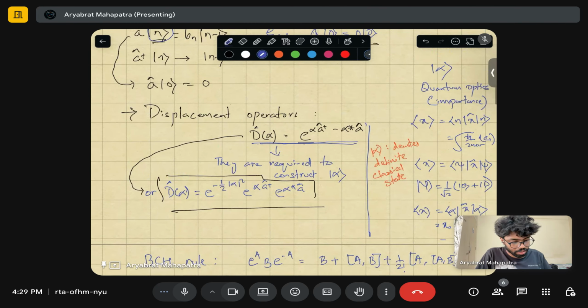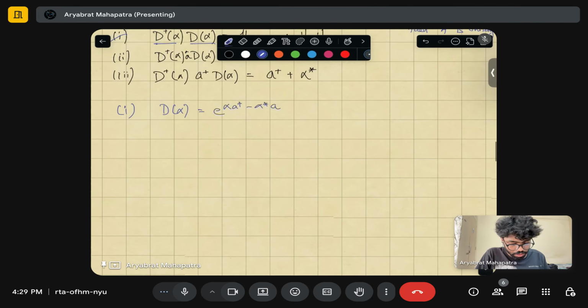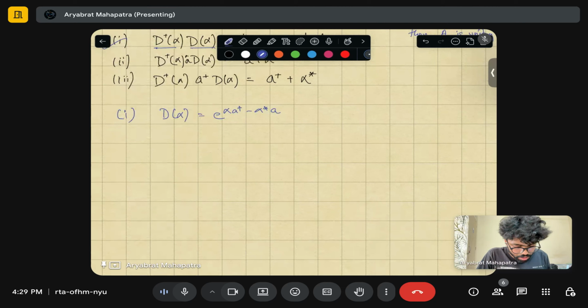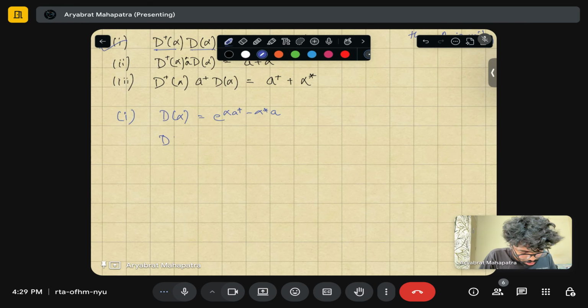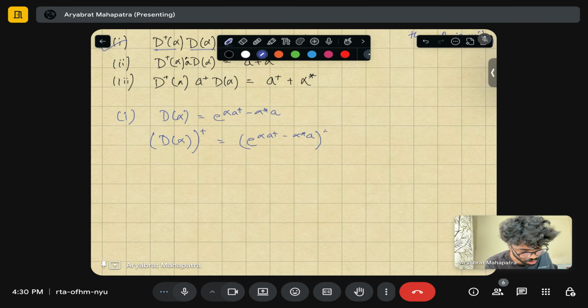So you start with the definition, and then let's calculate what is D of alpha dagger, the transpose, or basically dagger. That is e to the power of alpha a dagger minus alpha star a, dagger.